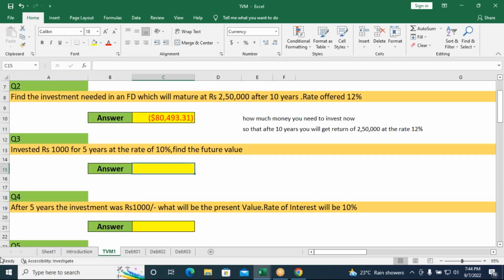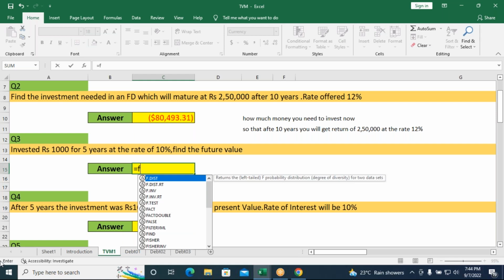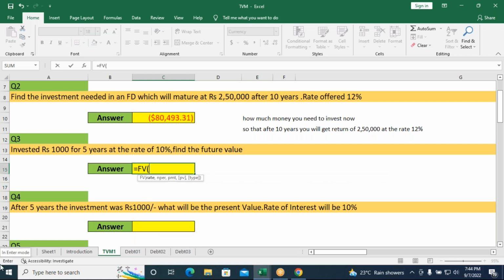Future value. I'll open the parenthesis. So here, the rate. What is the rate of interest I'm going to get? 10%, comma. NPER, number of years, 5 years.